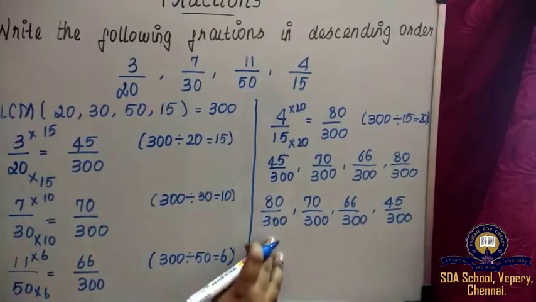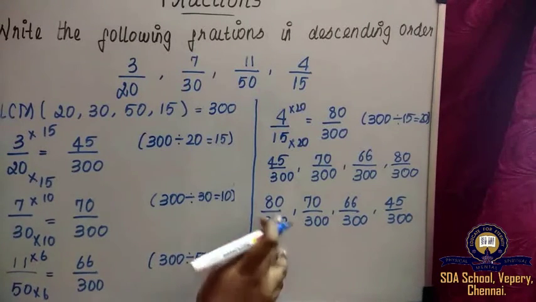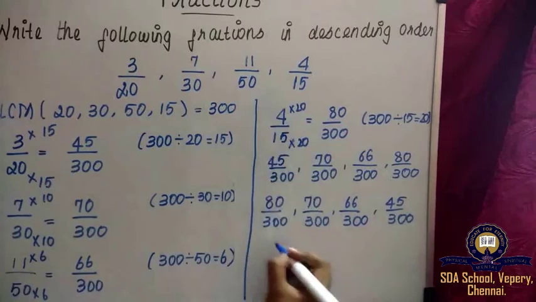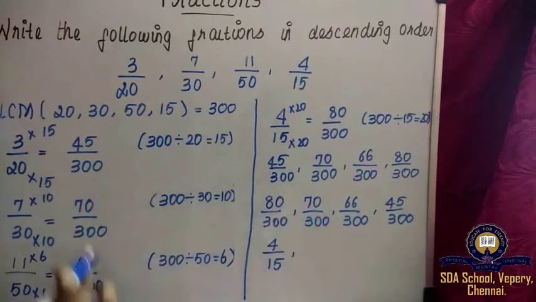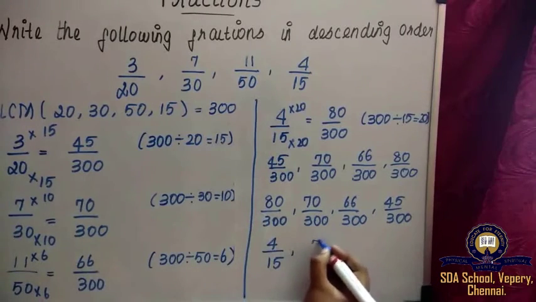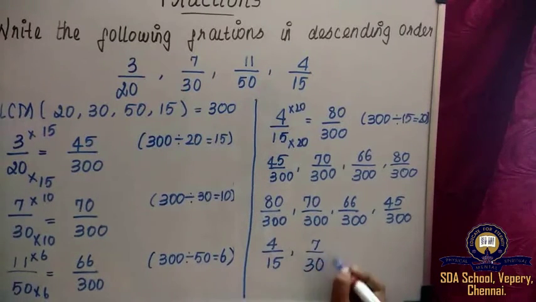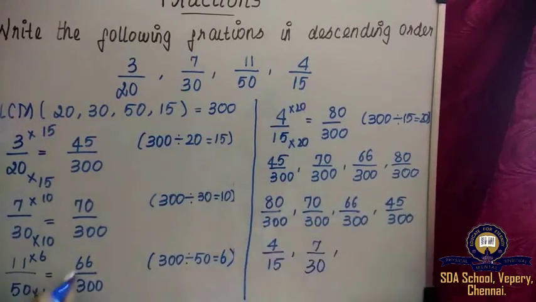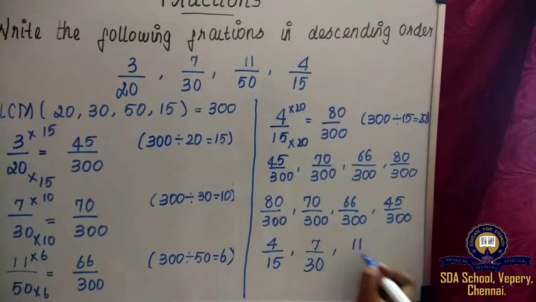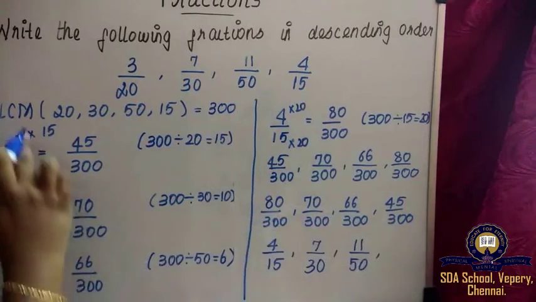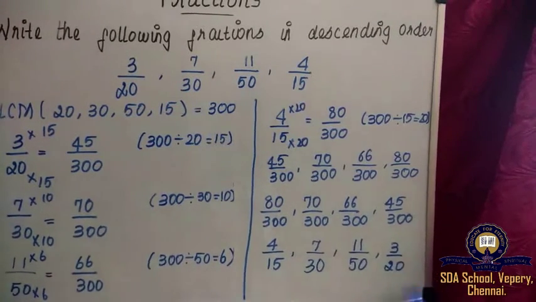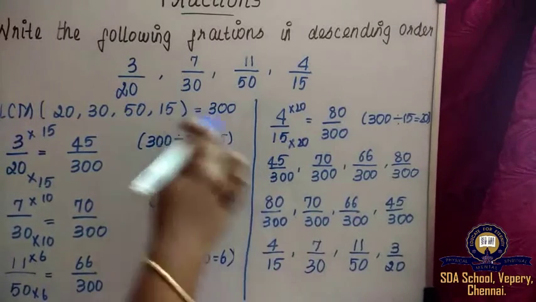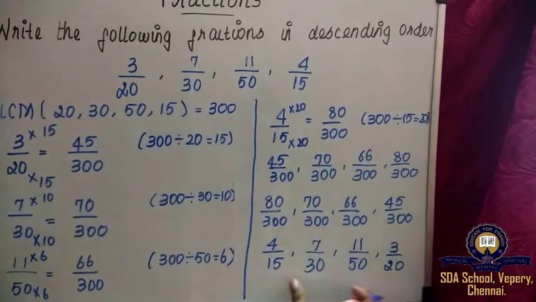So now we have to find the corresponding unlike fraction. 80 by 300 is 4 by 15, 70 by 300 is 7 by 30. 66 by 300 is 11 by 50. And 45 by 300 is 3 by 20. So now we have arranged the given fractions in descending order.